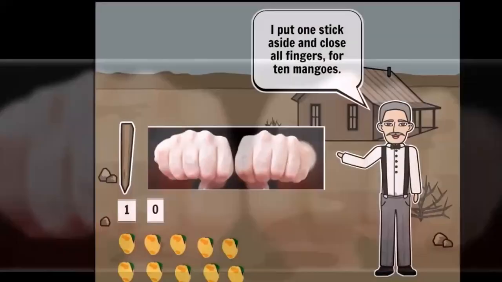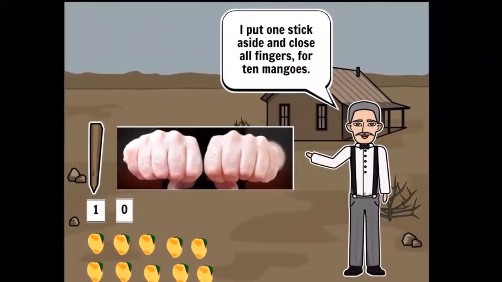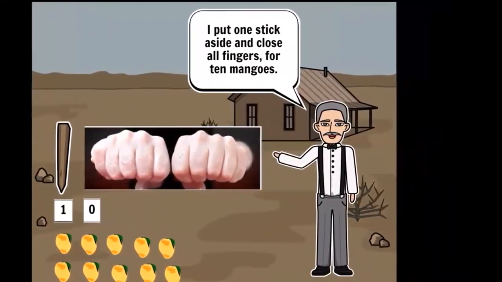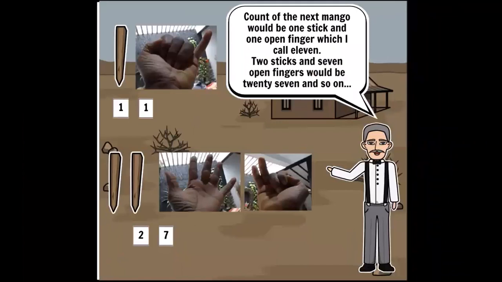After some serious thinking, he decided that he would keep a stick by the side of each 10 mangoes counted. So one stick and one open finger means 1 and 1, 11. Two sticks and 7 open fingers means 27.